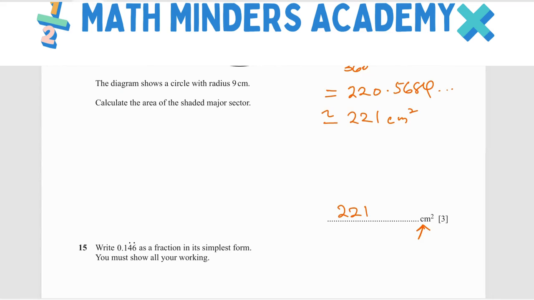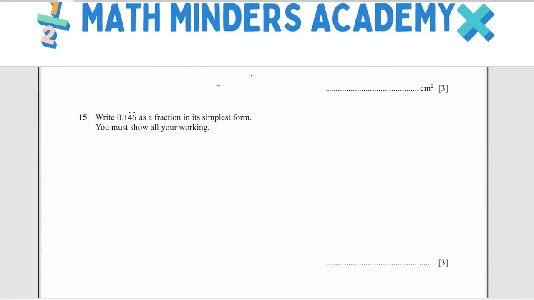We proceed to question number 15. We want to write 0.146 recurring as a fraction in its simplest form, and I want to show the working. So you'll discover that for this particular decimal number, the last two digits, 4 and 6, recur.